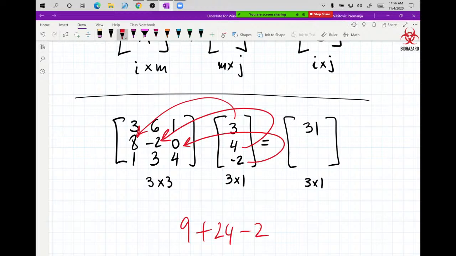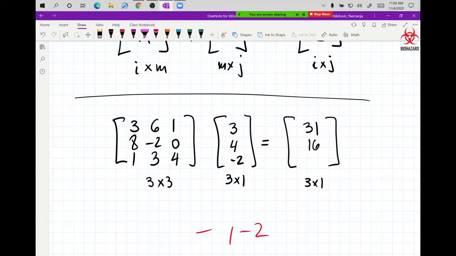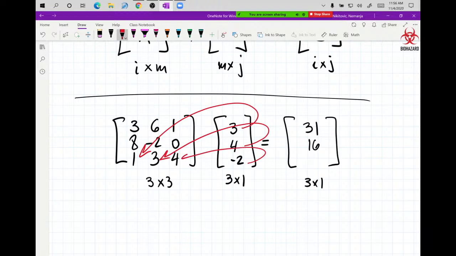So 3 times 8 is 24, 24 minus 8 is 16 as the next answer. And finally, 3 hits 1, 4 hits 3, and negative 2 hits 4. So 3 plus 12 is 15, minus 8 is 7.